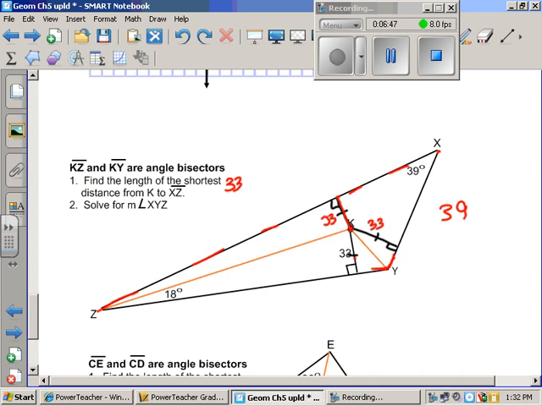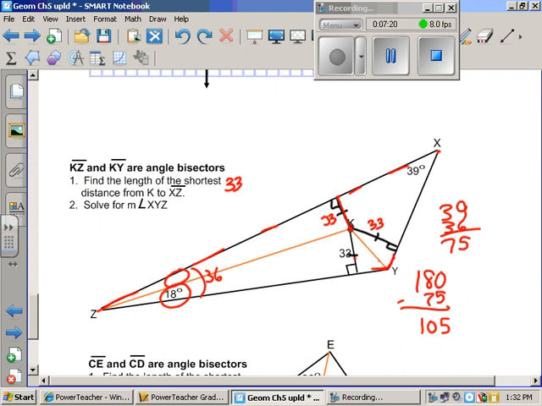So altogether it's 36. I add those up, and I get 75. Triangles altogether are 180, so I take 180, subtract 75, and I get 105. So the measure of angle XYZ is 105.